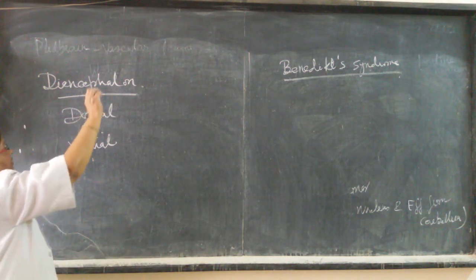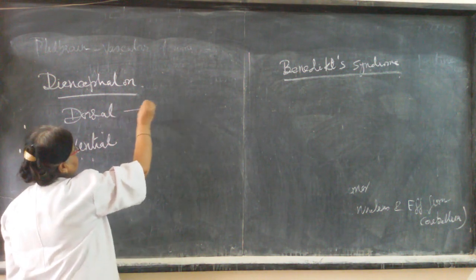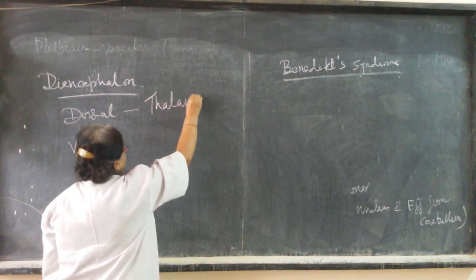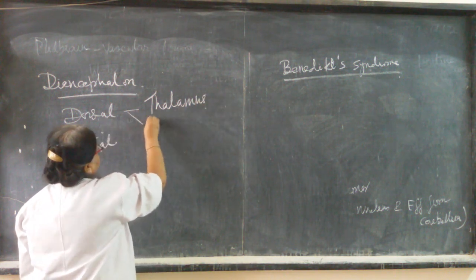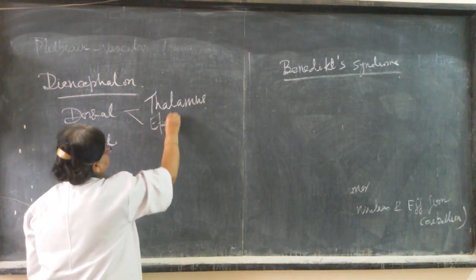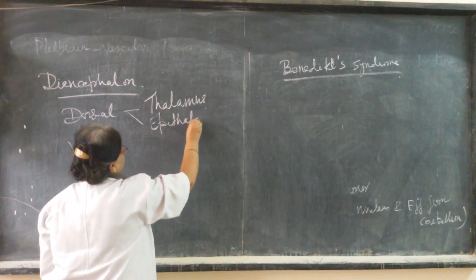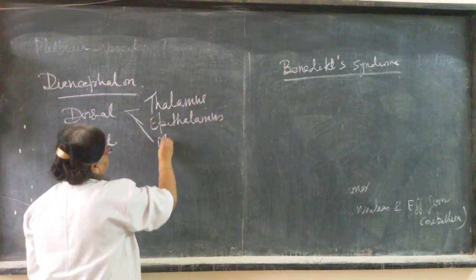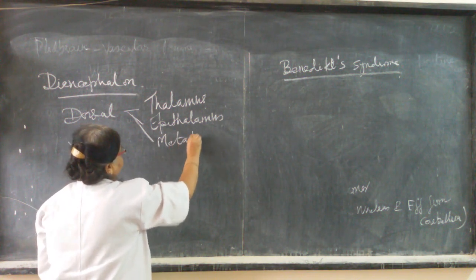The dorsal part comprises of thalamus, epithalamus, and metathalamus.